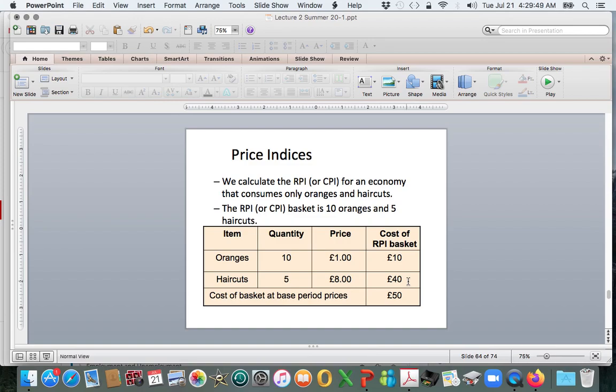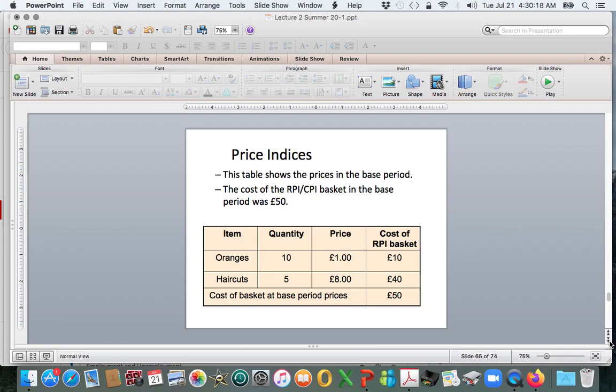In order to gauge whether the price index is going up or down, imagine the price of all the goods and services that a nation consumes or produces. So we have our quantities and prices here. As we have learned, you can multiply the price and the quantity, and together we have a £50 cost of the basket.